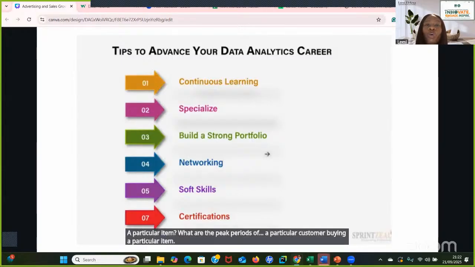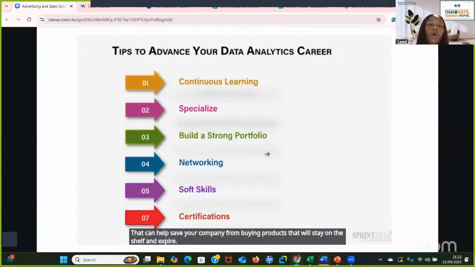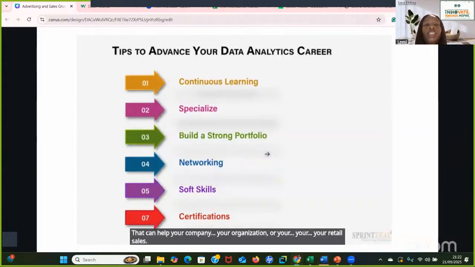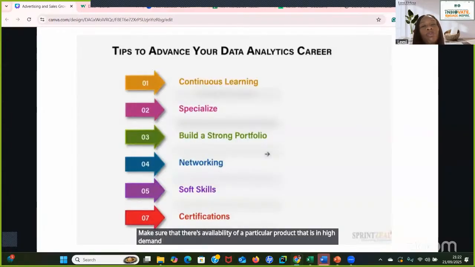That can help save your company from buying products that will stay on the shelf and expire. That can help your organization make sure there's availability of a product that is in high demand, and to know when it is in high demand. Some products are in high demand in certain periods or seasons more than others.